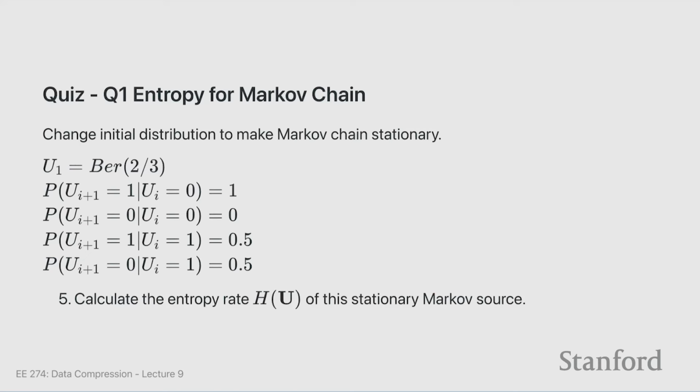And now what we did was we changed the initial distribution, which does make it stationary. We didn't ask you to prove it's stationary; you can trust us on that. And we said now you compute the entropy rate. In the last lecture we saw a few things. For IID, the entropy rate was just the entropy of the first one.